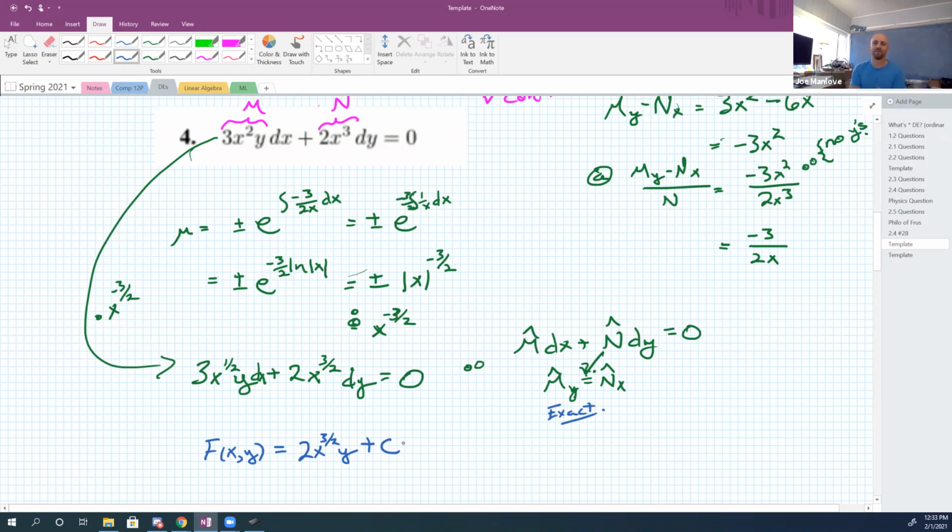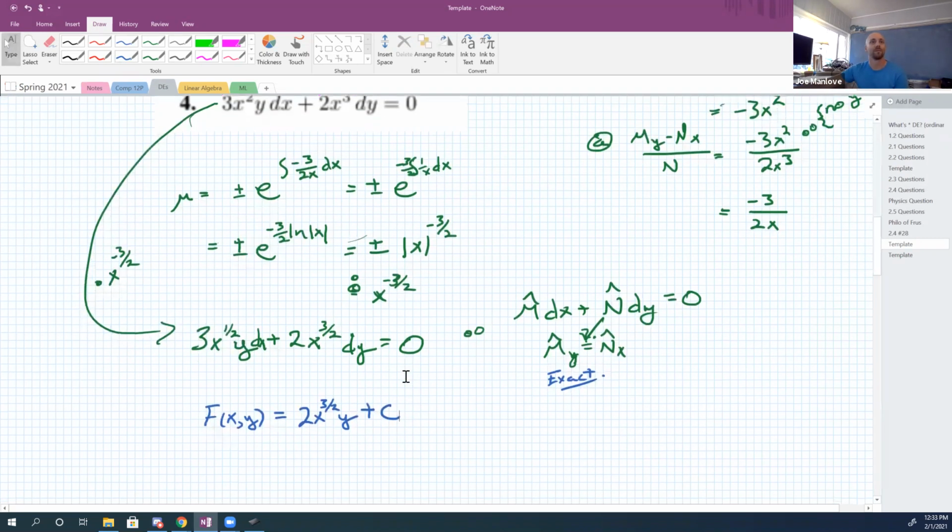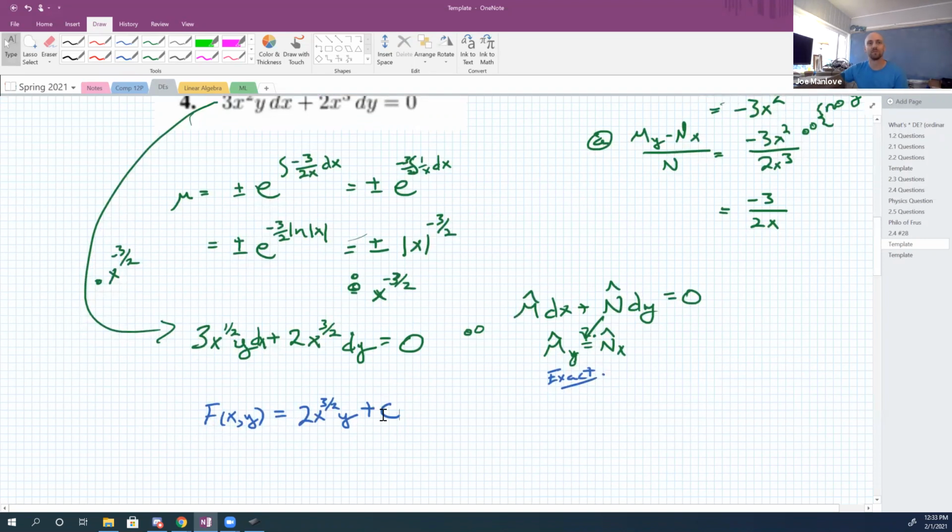Okay, what do I do with that? Take the partial derivative with respect to x, which should equal m. Yeah, so we took that part and integrated dy. We got this. Notice that if we take the partial with respect to x of this thing, we get this guy exactly.